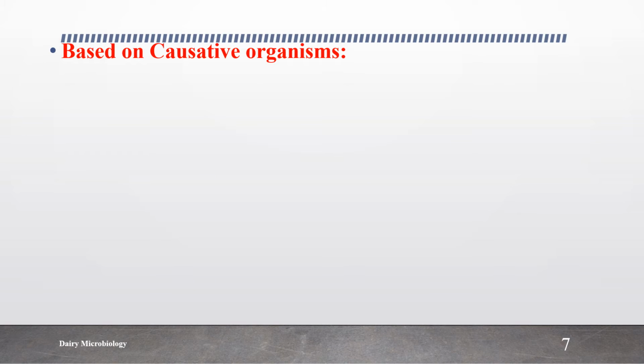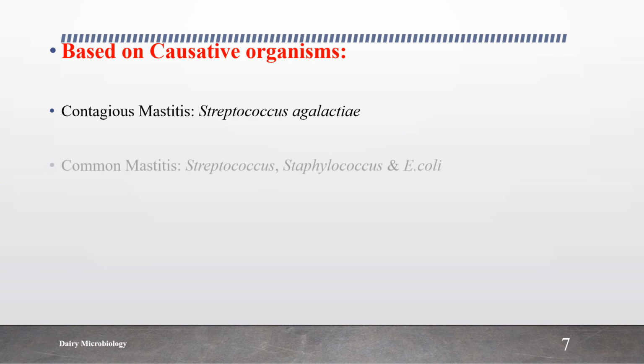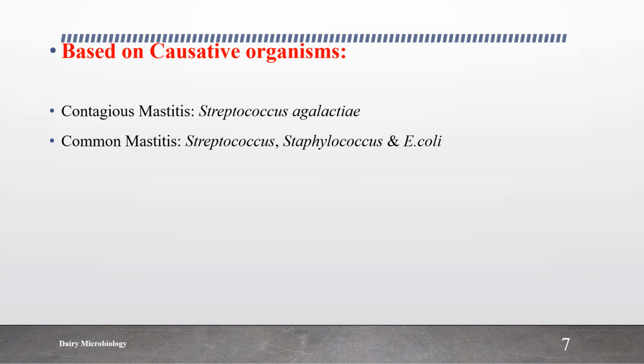Depending upon the causative organism, mastitis can be classified as contagious mastitis, which is caused by pathogenic bacteria, that is Streptococcus agalactiae; common mastitis caused by Streptococcus, Staphylococcus or E. coli; and summer mastitis, which is caused by the pathogen Corynebacterium pyogenes.